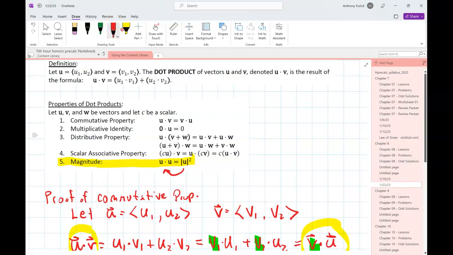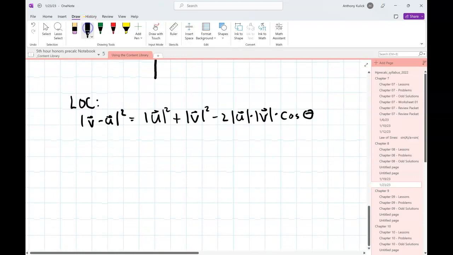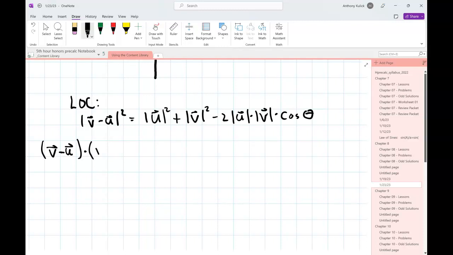I'm going to use that property kind of going in this direction, on this first piece. Everybody feel okay there?